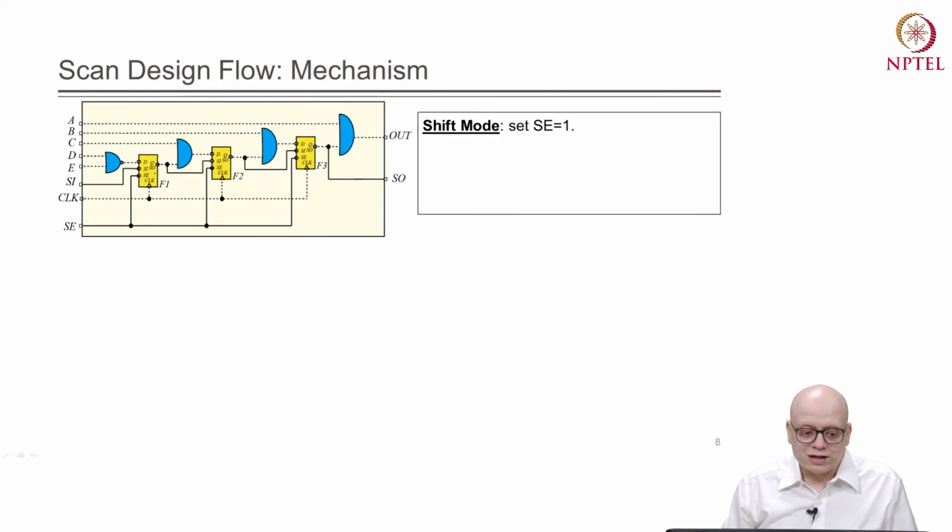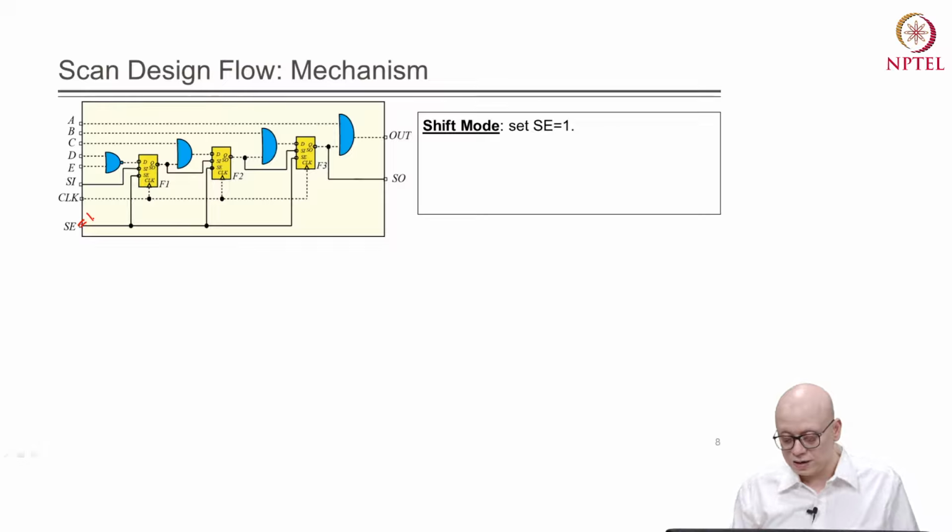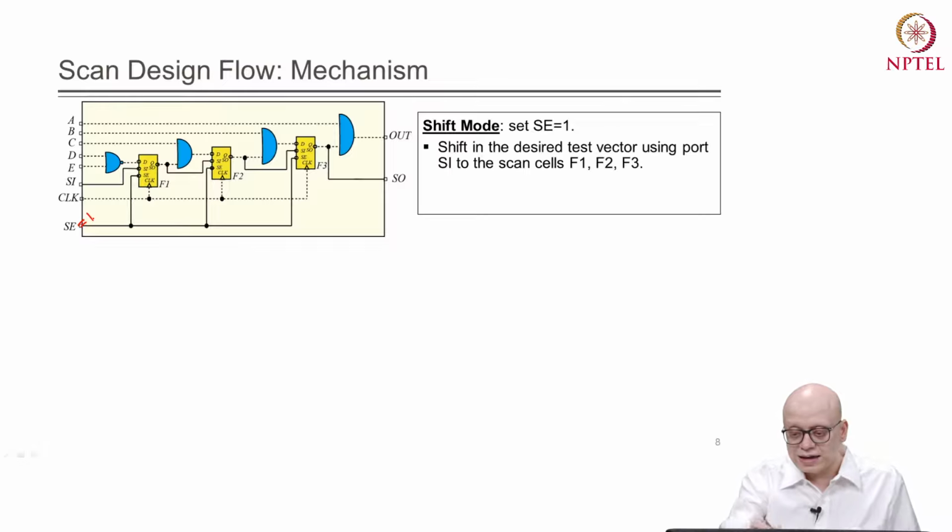First, we go into the shift mode. We discussed that to go into the shift mode, we make scan enable equal to 1. So, we make scan enable equal to 1 and shift in the desired test pattern using port Si to the scan cells F1, F2, F3.